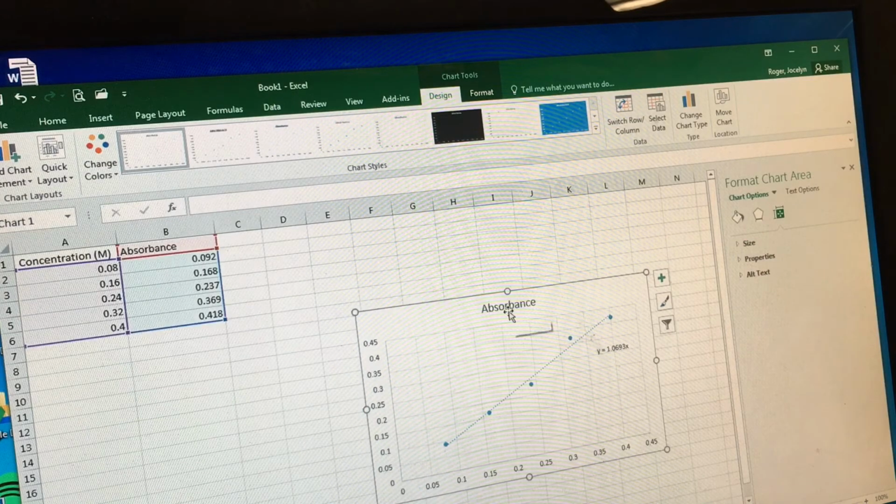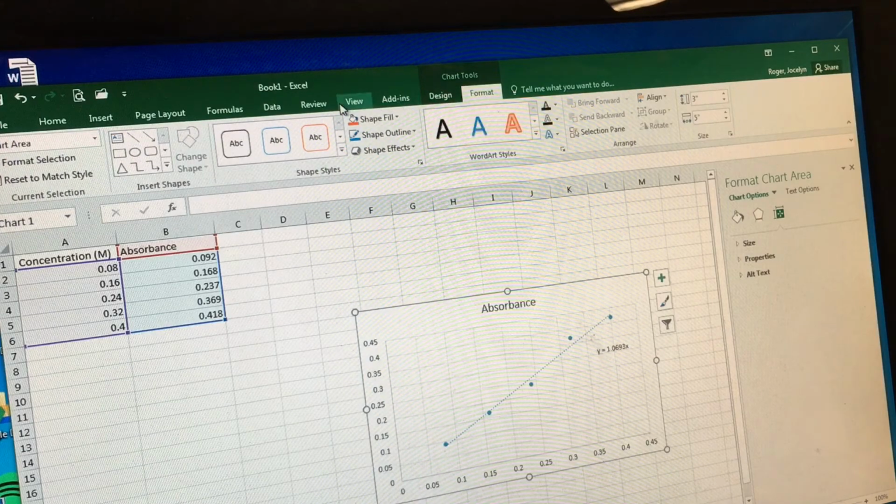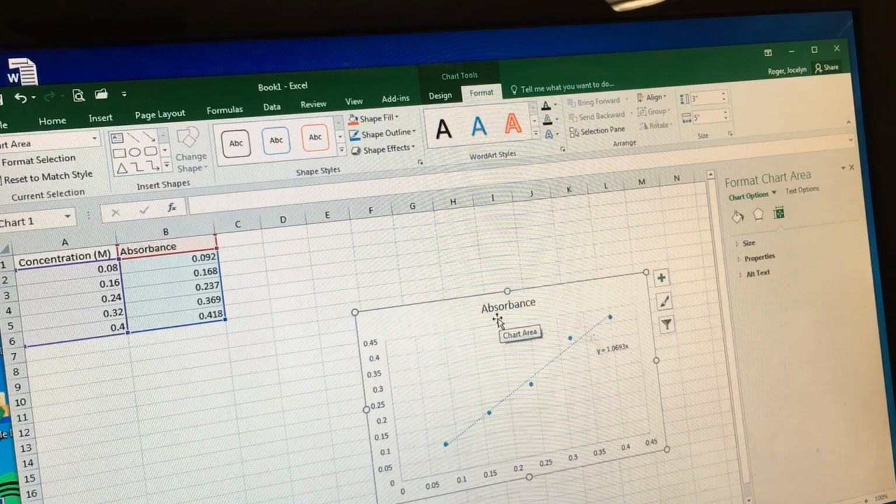So when that's done, we can give our graph a proper title and label our axis. Now that we have the equation for the best fit line, this is our calibration curve.